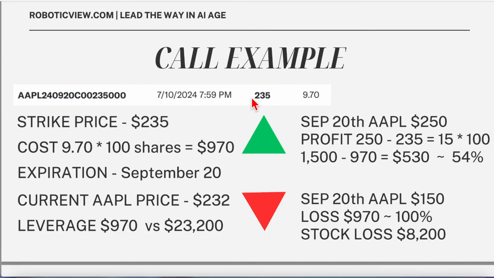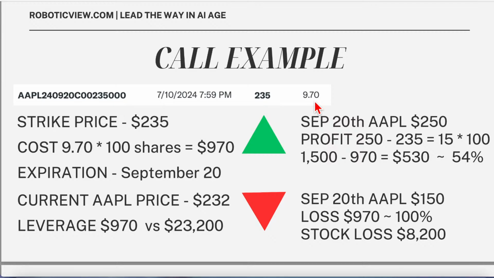Here 235 is the strike price. Obviously it's not free, so you have to pay a premium, pretty much like with insurance. And the premium is $9.70.